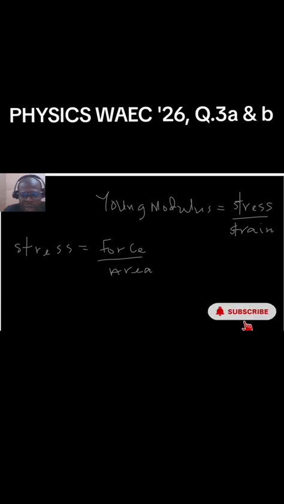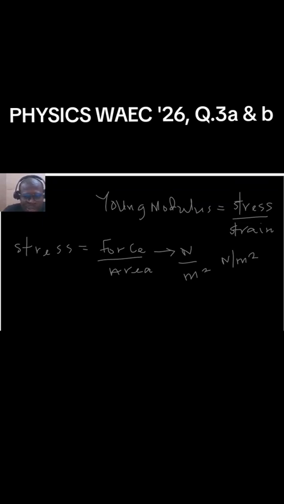So the tensile stress is equal to force over area. So that's the formula for tensile stress. And we all know that the unit of force is Newton and the unit of area is meter squared. So the SI unit of stress is Newton per meter squared.